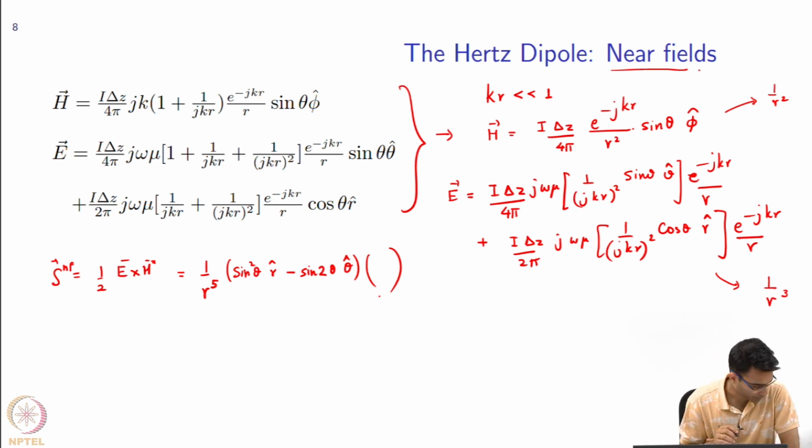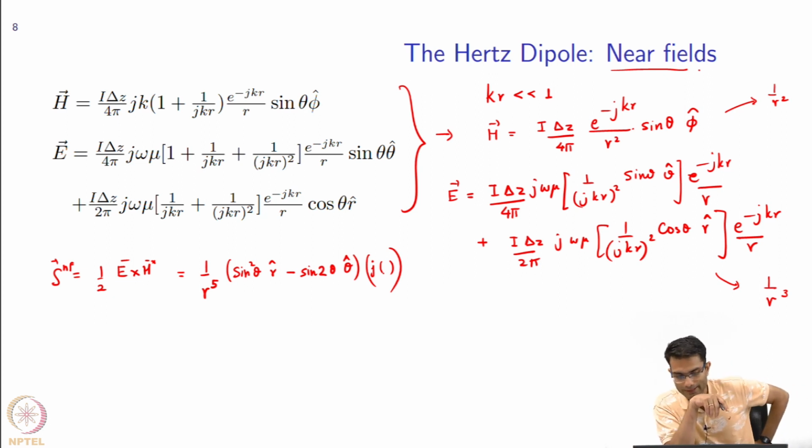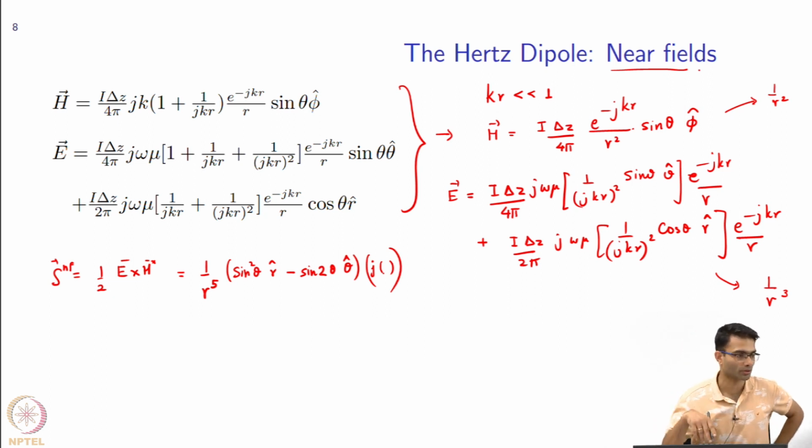Which are not so important. Well, what is important about these constants, let me just write it over here, is that this has a j into something. You can see that because in E cross H conjugate, both the terms of E have a j, H has no j, right. So, one j term is going to remain over there.